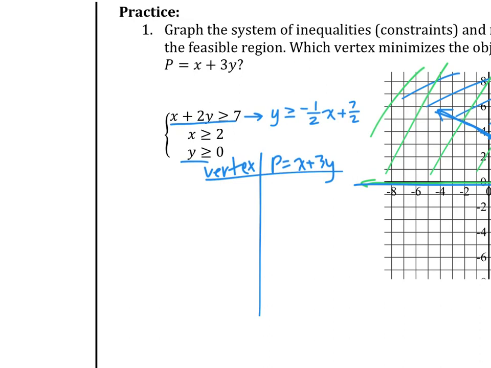That is just a question of when x plus 2y equals 7. Notice how I write equals 7 instead of greater than or equal to 7, because we're trying to figure out the intersection of 2 lines, not 2 inequalities. This is a very easy substitution question. So plug it in, x is 7. So 7, 0.